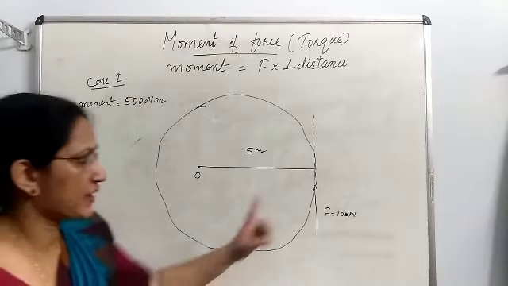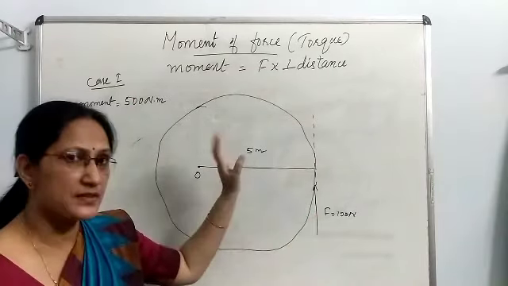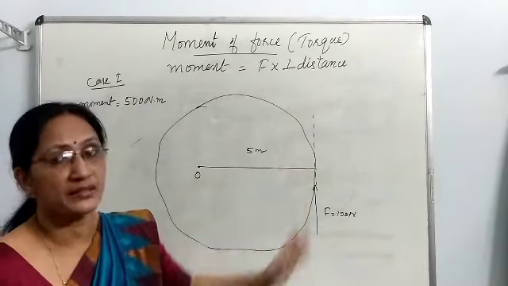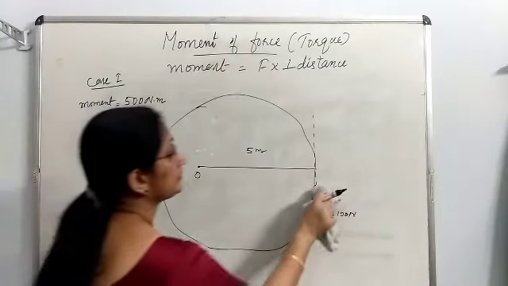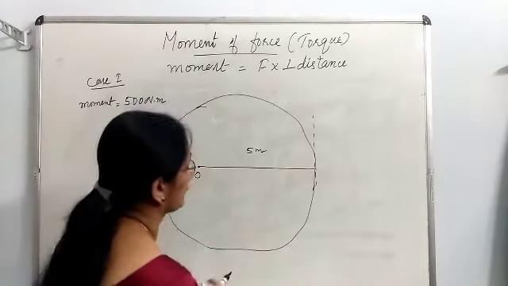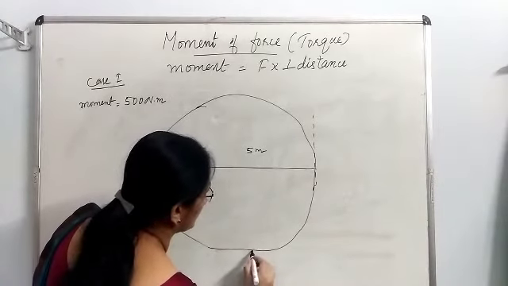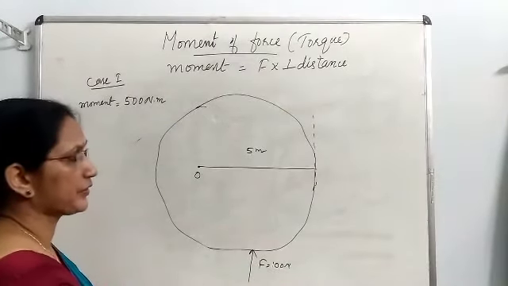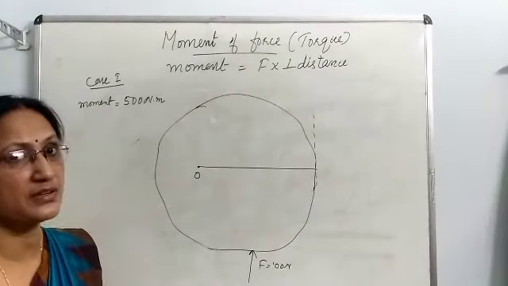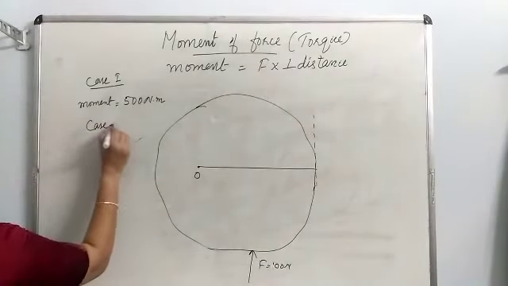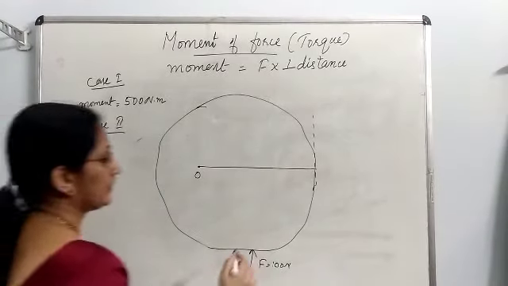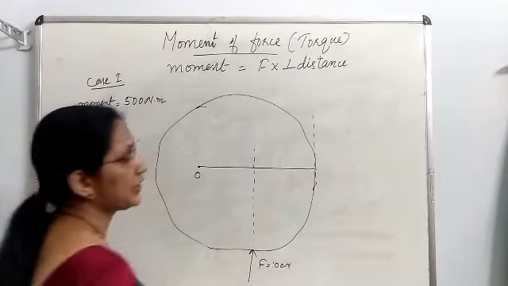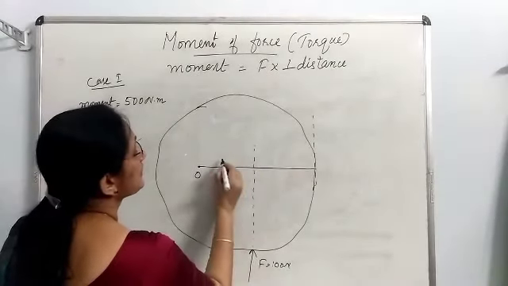Now what I am going to do is same force I will apply on the same body, pivoted body, but the position of the force, where I am applying the force, I am going to change. Same force 100 Newton is applied at another point. Now let us find out what is the moment. Case 2. Again draw the line of action of force. This is the line of action of force. Suppose this distance is 3 meter.